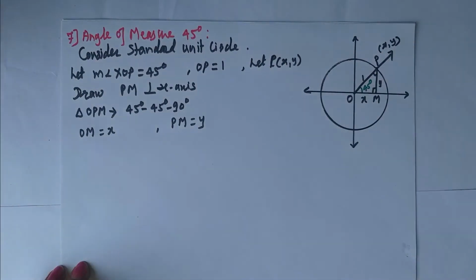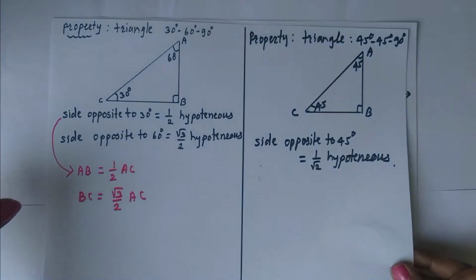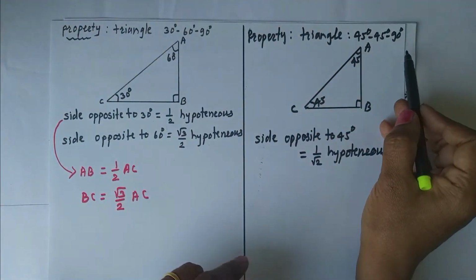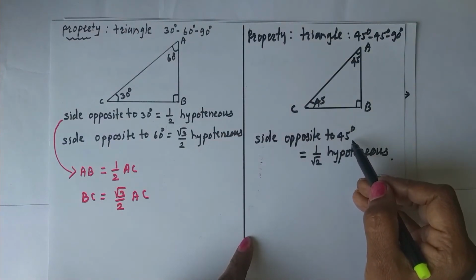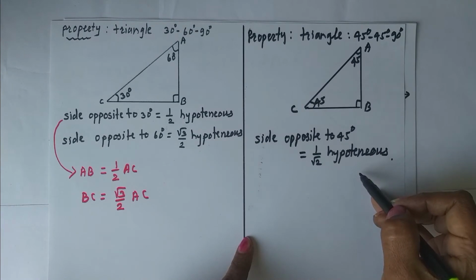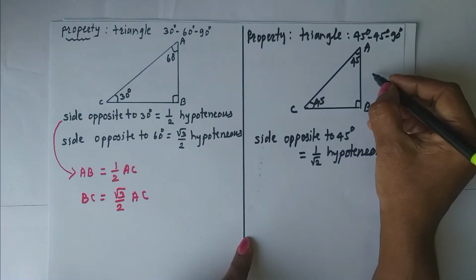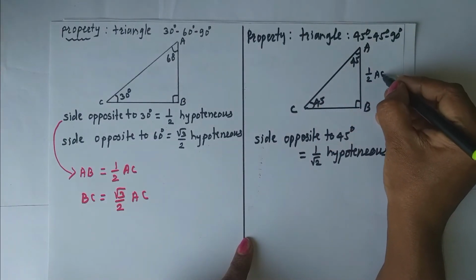Now again you must know the property of the 45, 45, 90 degree triangle. What is that property? See here again. The side opposite to the 45 degree angle is 1 by root 2 times the hypotenuse. Means this side AB is 1 by root 2 times the hypotenuse. The hypotenuse is what? AC.